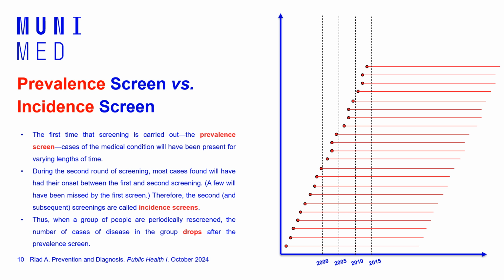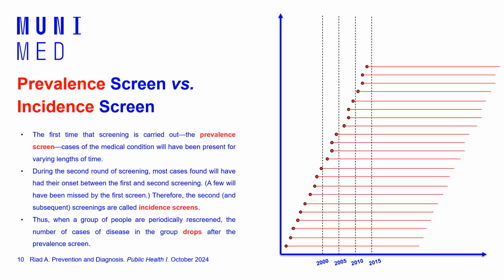Then the third and the fourth screening rounds are not different from the second one, because each of them included only a small number of cases compared to the first one. So the first screening round usually includes the largest number of cases, because it includes all previously existing cases, and that's why we call this first round the prevalence screen. But starting from the second round and all the later rounds, we see only the new emerging cases, and these are considered incidence screen rounds.